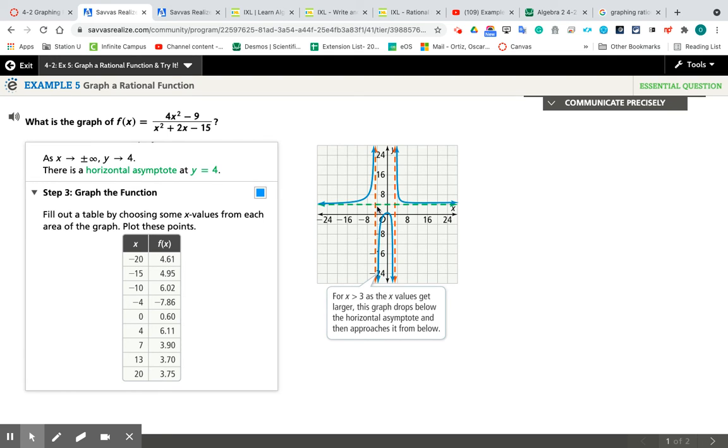So for example, here, for numbers less than this vertical asymptote here, you can see that those numbers go above 4, because this is 4.61, 4.95, and those numbers are increasing, right? So as you get closer to the asymptote, those numbers increase without limit.